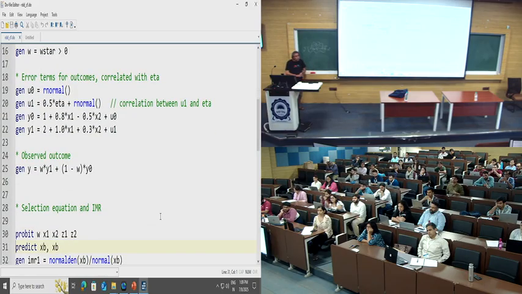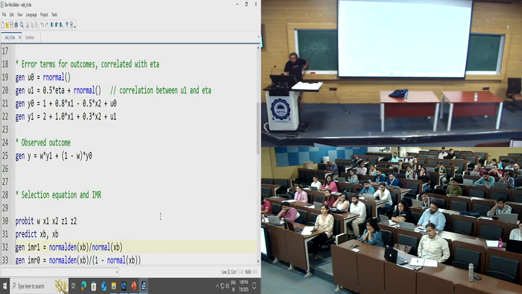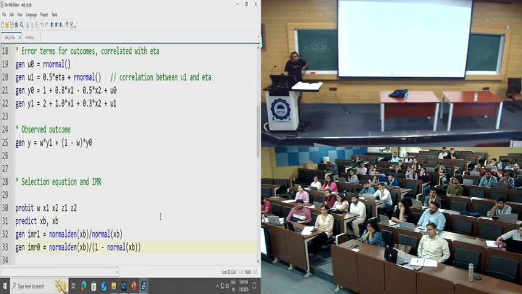Selection equation and inverse Mills ratio: run the probit on treatment with x1, x2, z1, z2, all the variables including the exclusion restriction z1, z2, get the linear prediction, get the inverse Mills ratio. You see the inverse Mills ratio in two ways, IMR 1 and IMR 0. Why? One would be W is equal to 1, the other W is equal to 0.